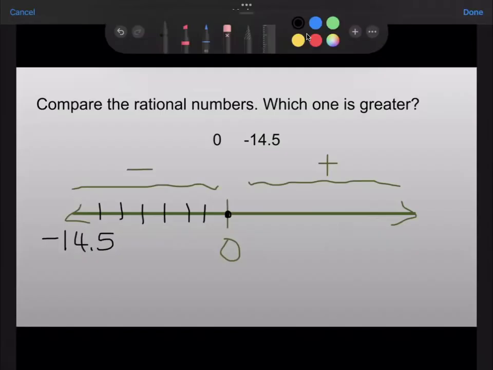It's going to be 14.5 units away from 0 on the negative side of the number line. So what that means is that 0 is actually the greater amount. So we would open that symbol to 0. Now up here at the top, to open the symbol to 0, it needs to point that way. So 0 is greater than negative 14.5.